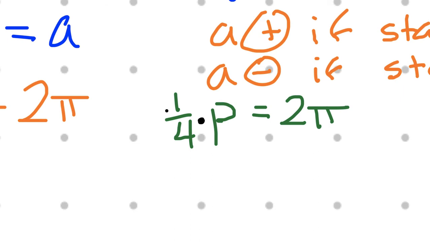Is it divide? Divide by what? 4? Not quite. Or wait, multiply? Multiply by 4. Yeah, multiply by 4 will also get rid of it. Perfect. So we're going to multiply both sides by 4.